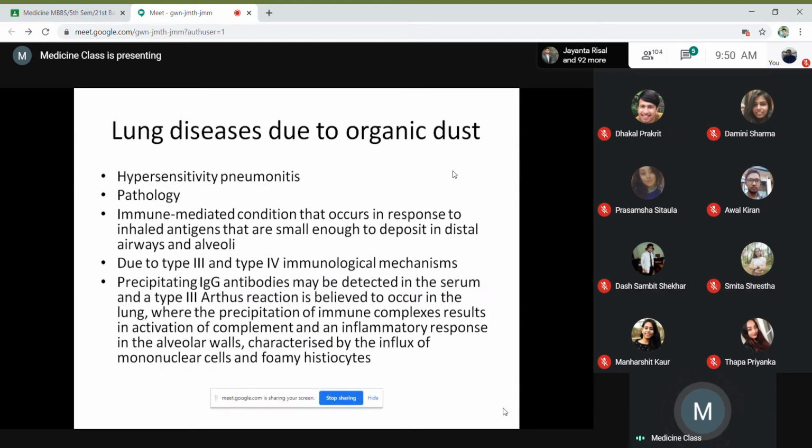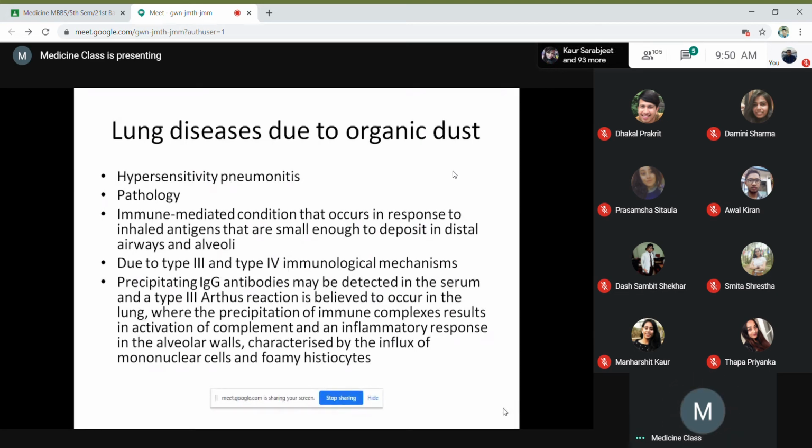This Arthus reaction is a type of local vasculitis associated with deposition of antigen and antibody complexes in the vascular wall.